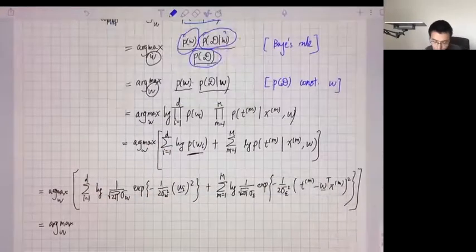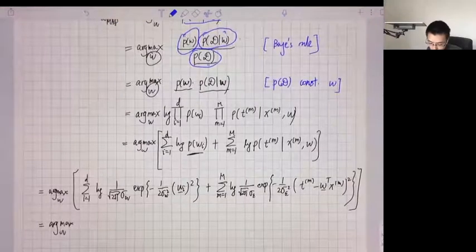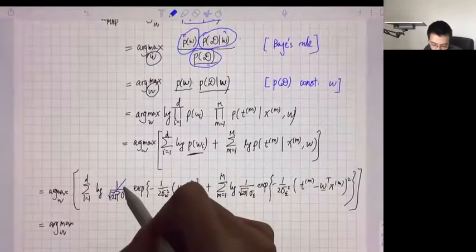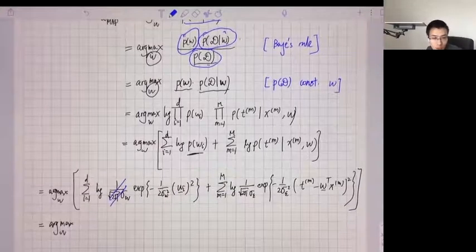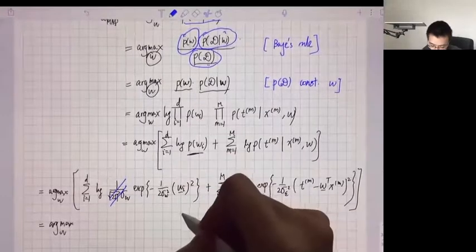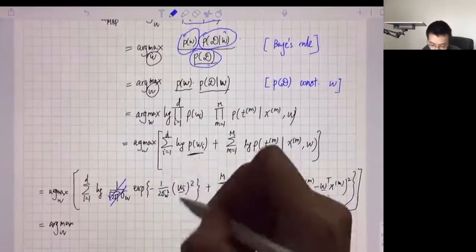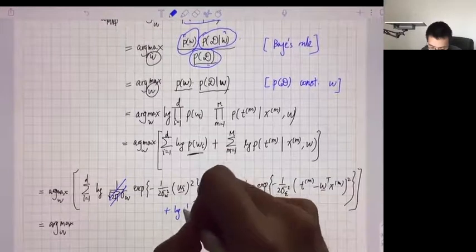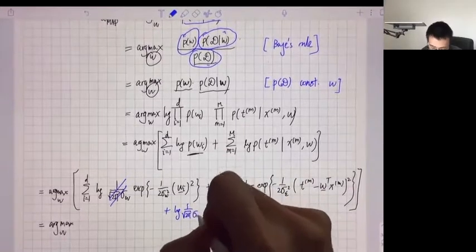I guess we are already familiar with some of the constants, so we can drop some constants. If I drop this term, it has no effect because there's nothing to be optimized, and it gives you a constant, right? So log A times B is just log 1 over this plus log 1 over that.